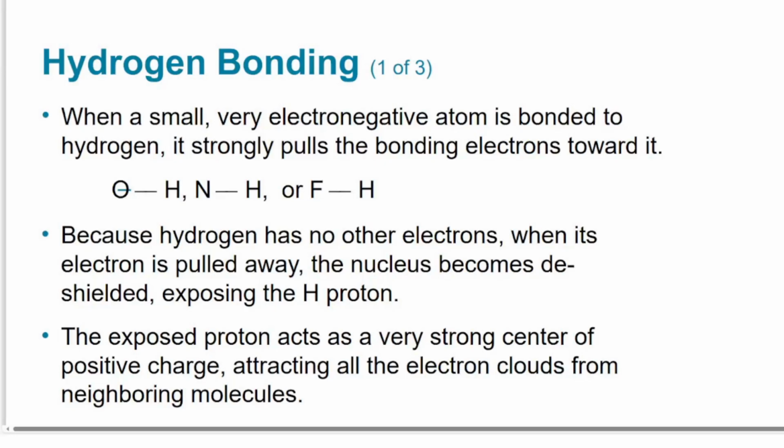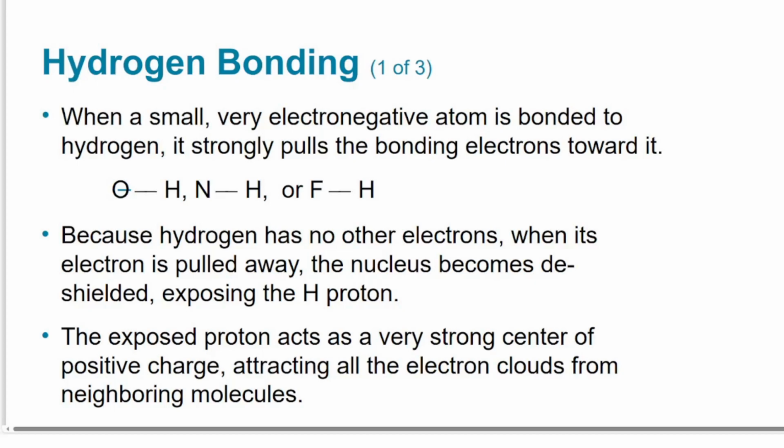Earlier, I alluded to an intermolecular interaction called hydrogen bonding. This is probably the most important intermolecular interaction that we observe. We observe it when hydrogen is bonded to an electronegative element like oxygen or nitrogen.